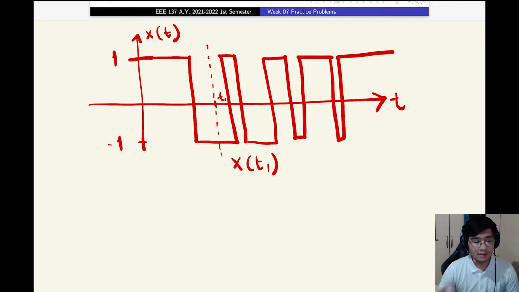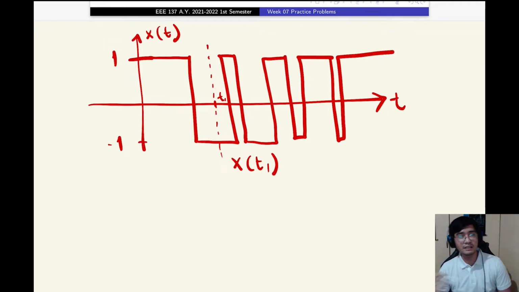Okay? So now we want to determine if we can get the mean function. So we can just get the distribution of x of t1, and since we have a Poisson process, therefore this x of t1 is assumed to not change across time.